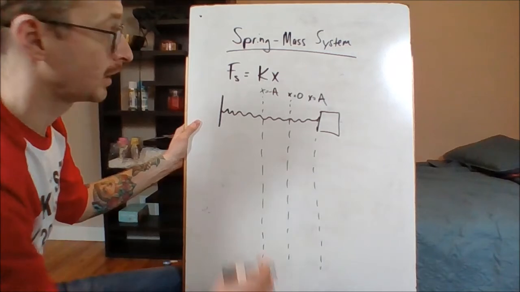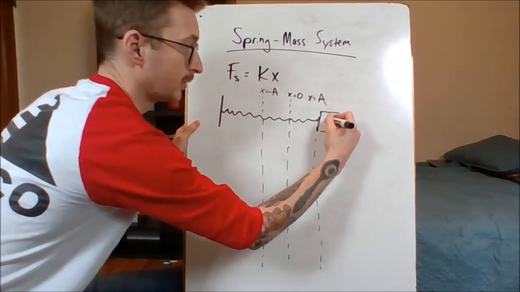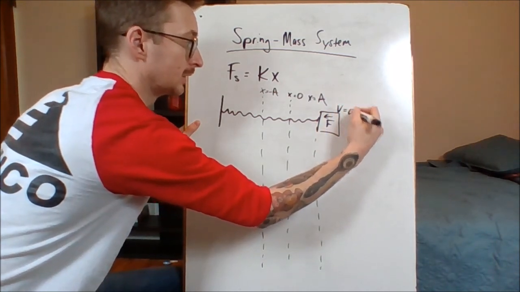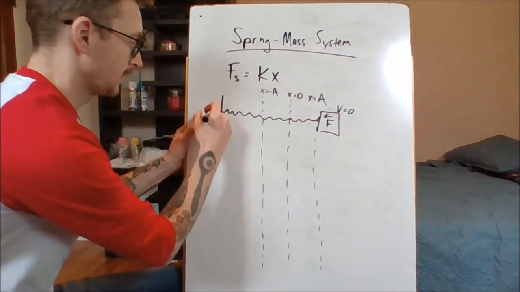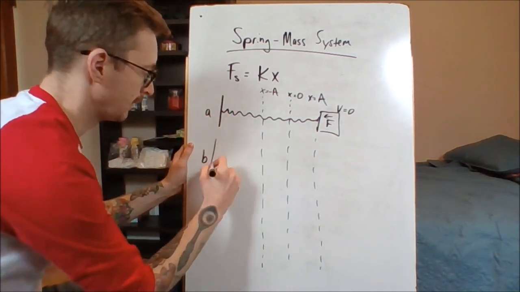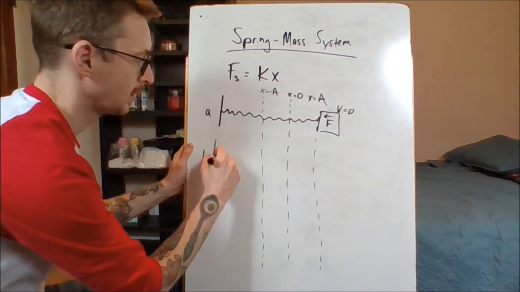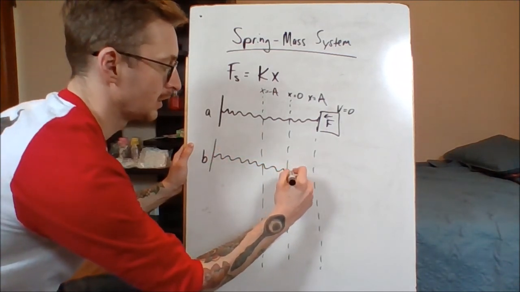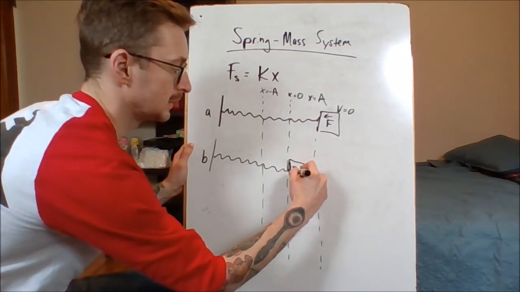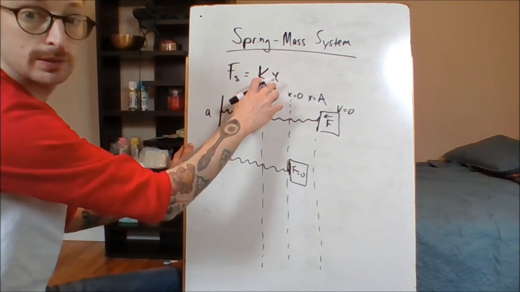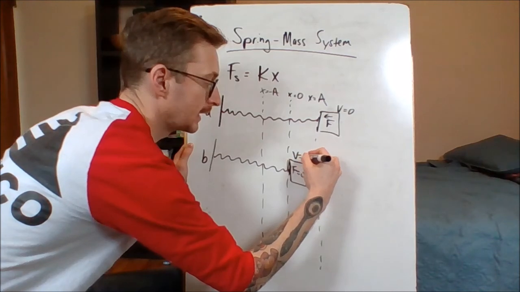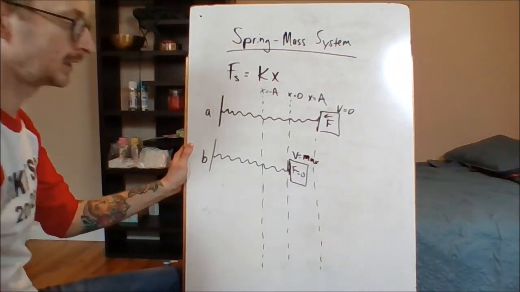If I pull this mass out this far, the force would be pulling back towards equilibrium, and my velocity would equal 0. This is at point A. At a different time, B, it would be moving towards the equilibrium point. At that equilibrium point, the force is equal to 0 because x would be 0, but it would be moving with the maximum speed.